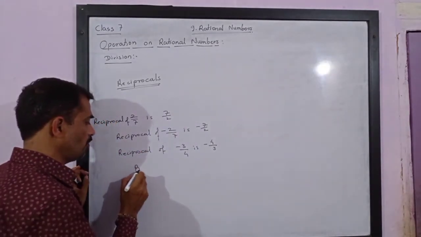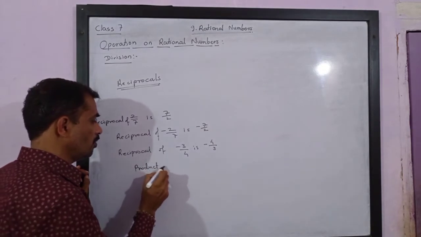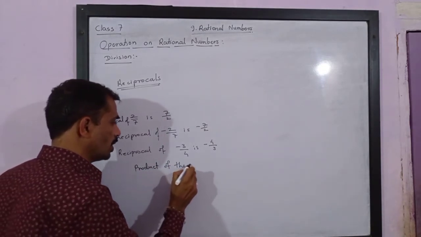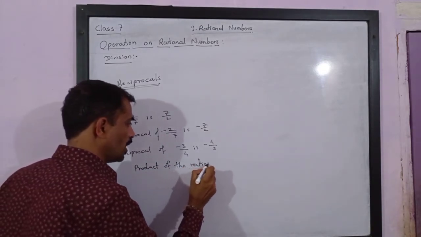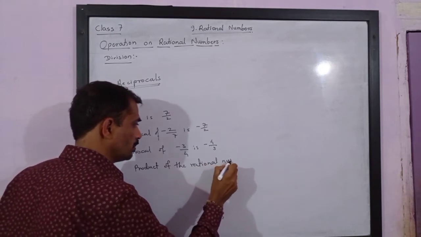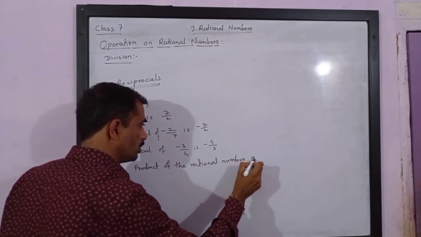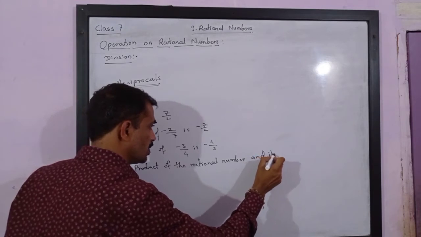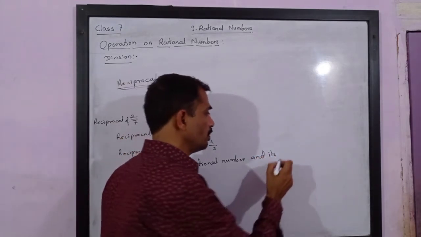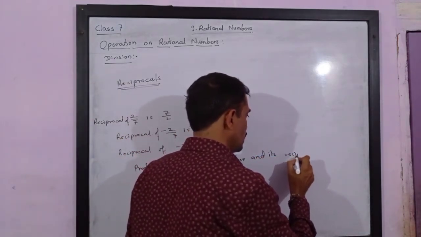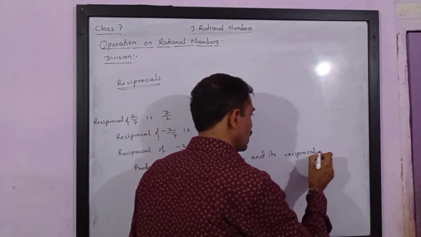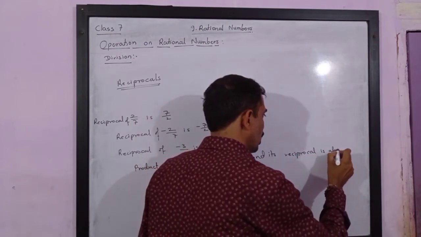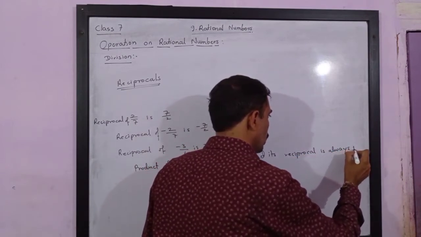So product of the rational number and its reciprocal is always 1.